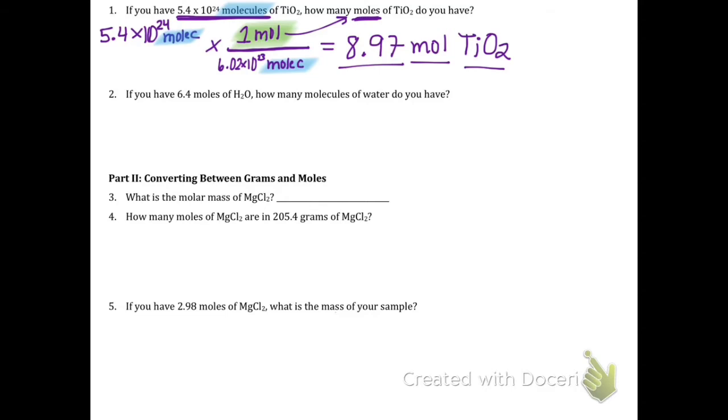So you have the option of working it with me, or you can skip and just go straight to the answer. Okay, so here we're given a number, 6.4 moles. So that's the first thing I'm going to write down. And then it wants to know molecules.